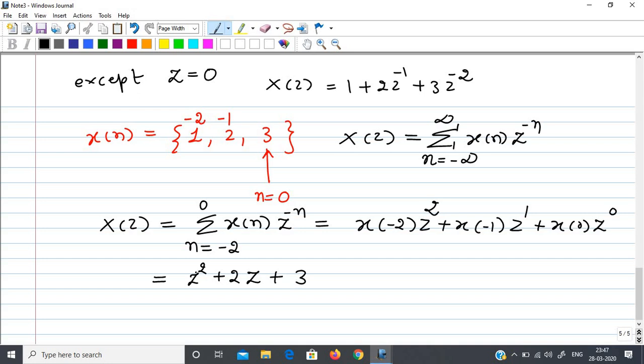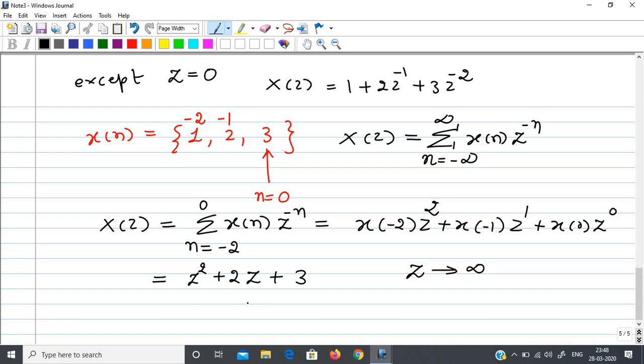But again, the question is, what is the region of convergence? Does this series converge for all the values of Z? Naturally, the answer is no. If Z is tending towards infinity, then this term and this term will tend to infinity, and therefore for Z tending to infinity, this series is diverging.